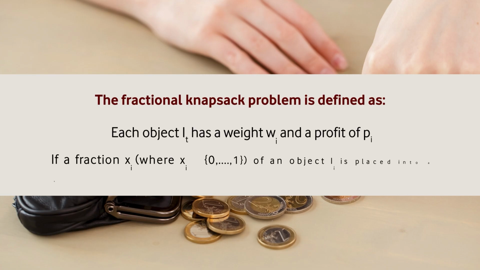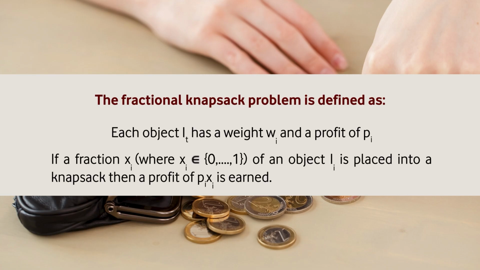Now each object I, or each item I, has a weight and a profit value assigned to it. What do I mean by this? If I say item 1 has 2 kg of weight and will get me a profit of 100 rupees, that is the profit value. Now, if a fraction xi of an object I is placed in the knapsack, then a profit of pixi is earned.